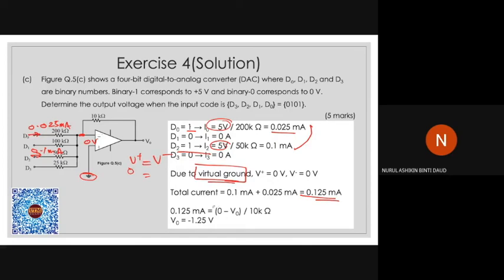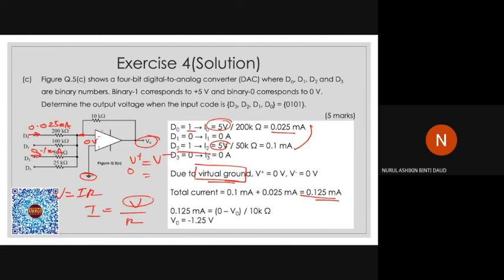So in order to calculate the V output here, from Ohm's law, V equals IR. So you know the current I, and V over R here. V is the potential difference. I will be the total current that you calculated just now.